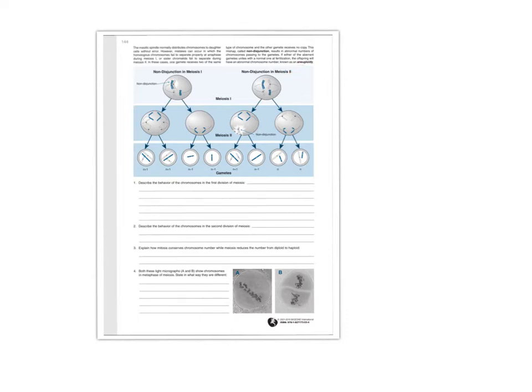I want to point out that some non-disjunctions do end up giving you an aneuploidy or abnormal chromosome number where the individual is able to live a normal lifespan. But many of them, unfortunately, or fortunately, depending how you look at it, are not able to successfully complete their development.